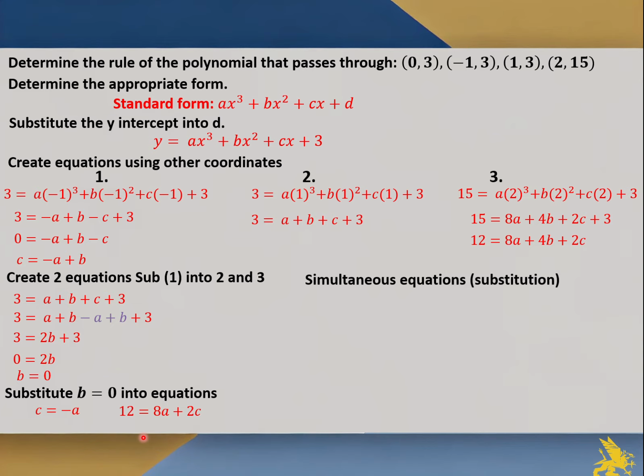Now we're going to use our simultaneous equations. Because I know what c is, I can plug that in straight away. So I've got 12 = 8a + 2 times negative a. 2 times negative a is negative 2a, so 8 take away 2 is 6, so I've got 6a. If I divide both sides by 6, I get a = 2.